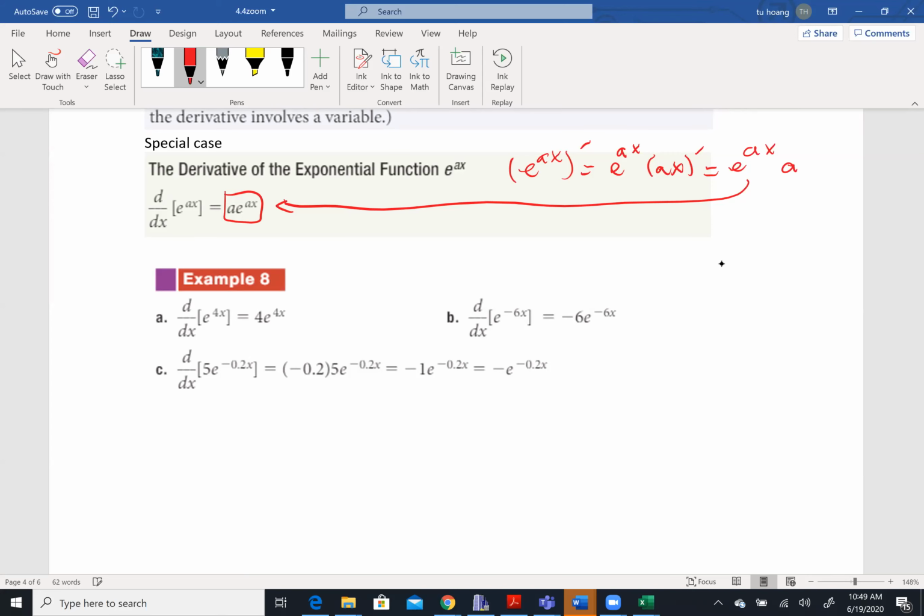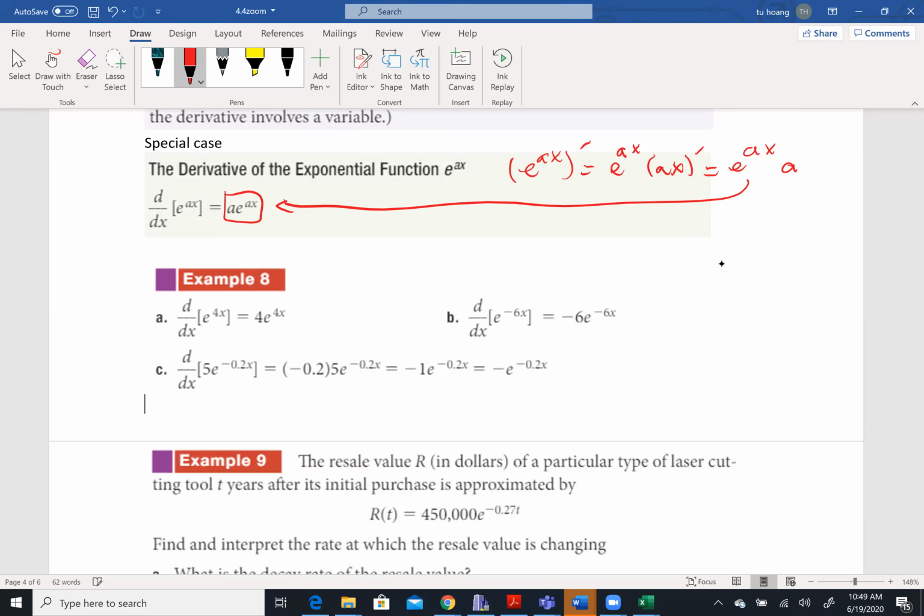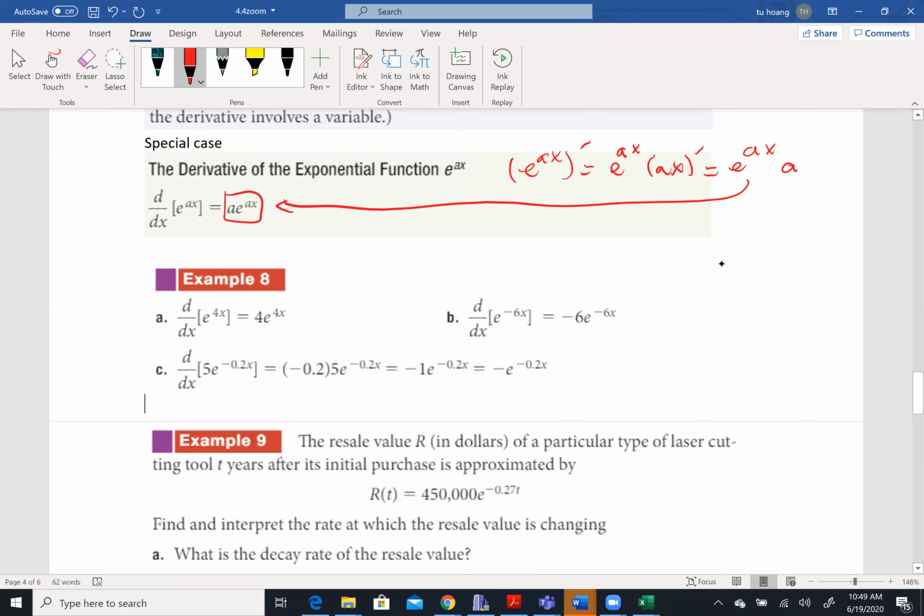So look at problem A. I want to take the derivative of e to the power x in here. In this case, the power is 4x, and 4 is a constant. So I put down this 4 in front of e to the 4x, and that is going to be the derivative of that.